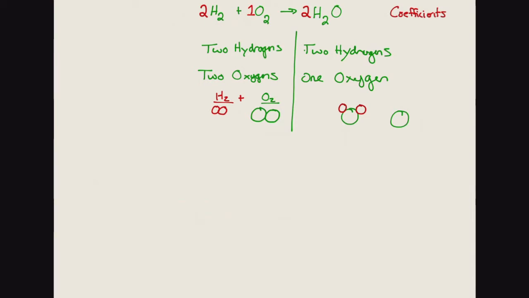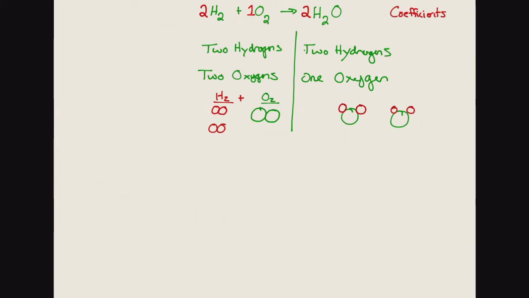In order to produce solid H2O molecules, I have to have 2 H2s. But because I have 2 H2s, I end up with 2 H2Os. So hence the reason that at the top I have 2 H2s plus 1 O2 gives me 2 H2Os.